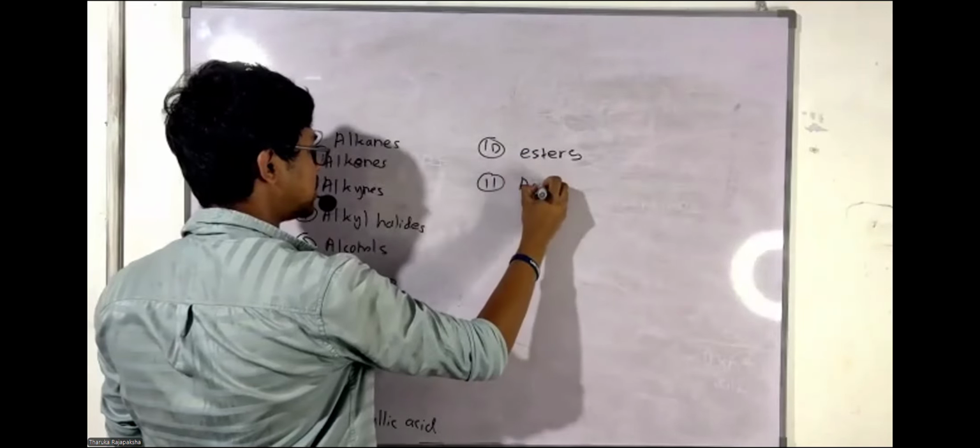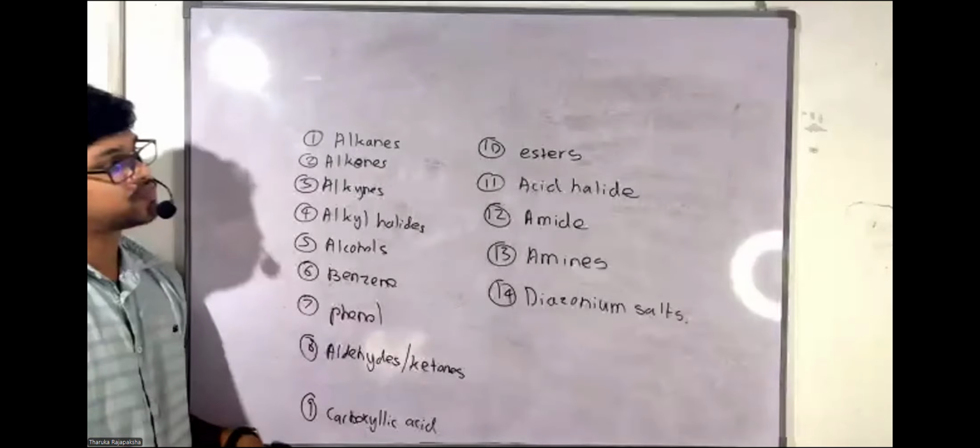And then the twelfth one, we have amides. And then we have amines. And then we have something called diazonium salt. So these are the compounds you're going to learn under organic.